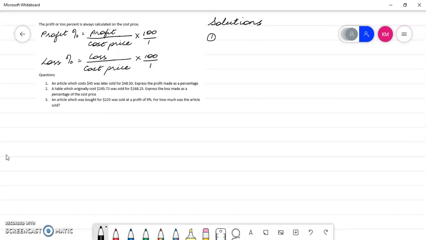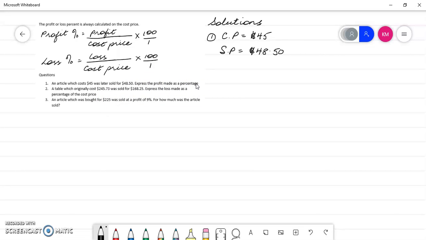I am given the cost price, so I'm going to write CP, which is $45. So we are reading here an article which cost $45, so I wrote cost price is $45, was later sold for $48.50. So that is going to be my selling price. My selling price is $48.50.